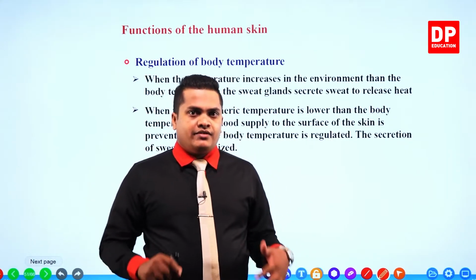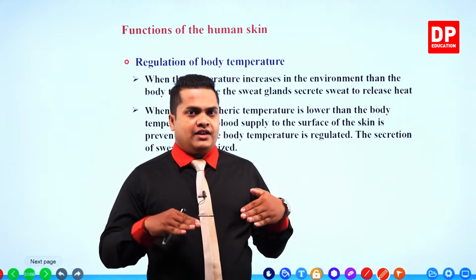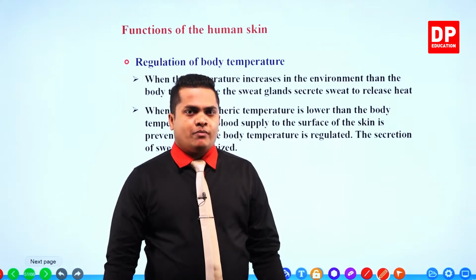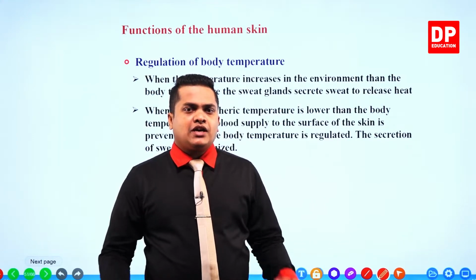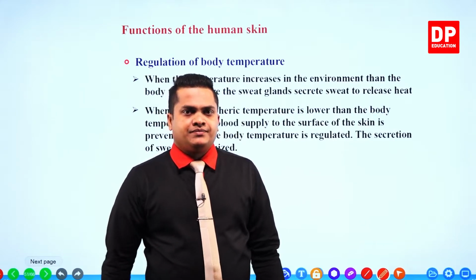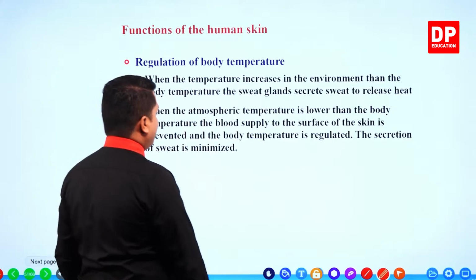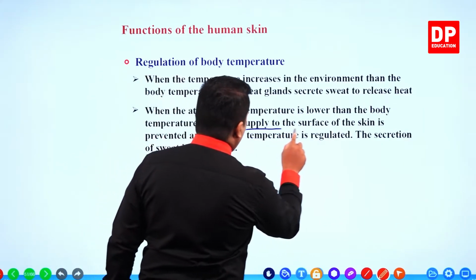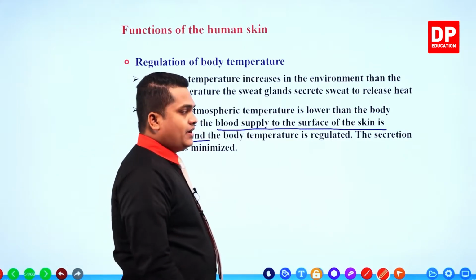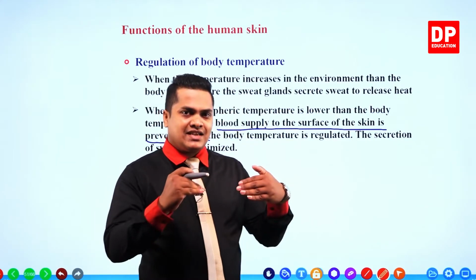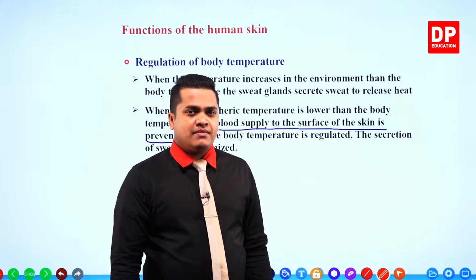Now, my dear children, if the reverse process is going to occur, when the temperature of the environment is going to drop down, in that kind of situation, production of sweat is getting minimized. And once again, the specialty here is that blood supply to the surface of the skin is also prevented. Actually, it's not getting prevented, it's getting minimized.